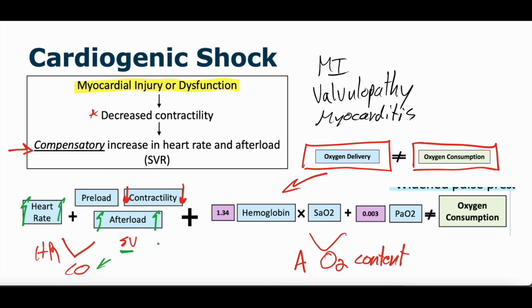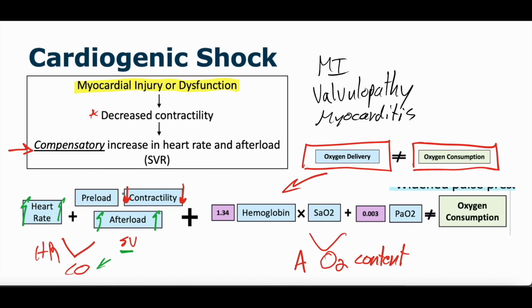The challenge here is the body actually does somewhat of the wrong thing in cardiogenic shock, or it can turn into the wrong thing. Because if the heart is not able to squeeze as well, sometimes its compensatory increase in afterload leads to worse cardiac output, because this pump that can't pump that well is trying to push against higher afterload. So this is one of the few times when our interventions sometimes are going to contradict the body's compensatory changes.